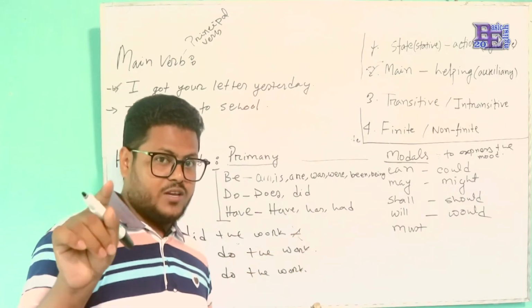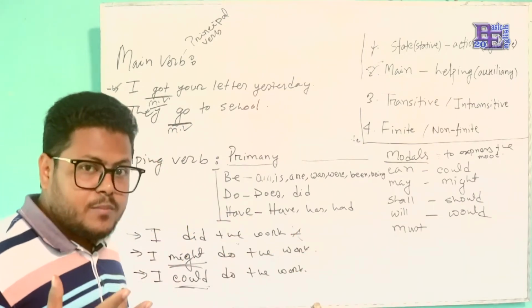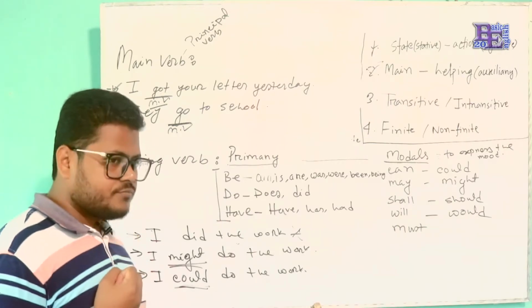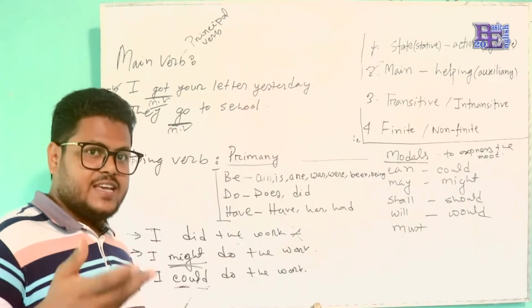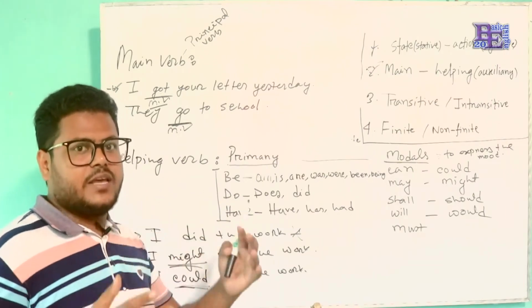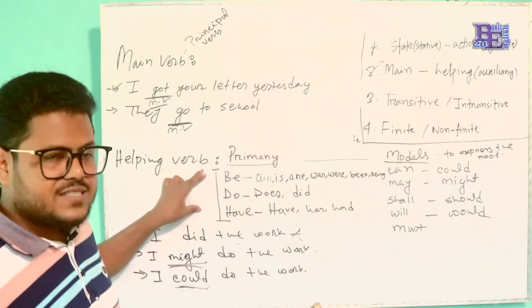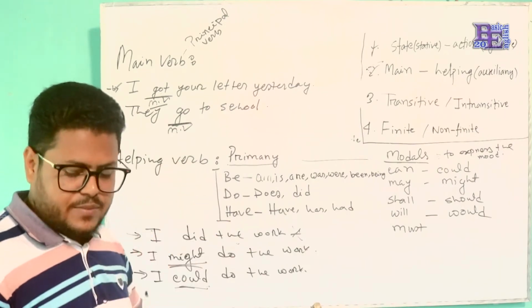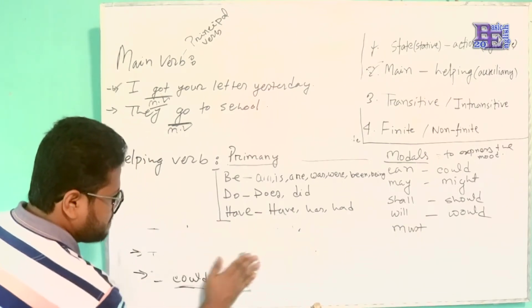One point that I have already told you is that both the helping verb and main verb can be used in the same sentence. In most cases we use them in combination, and another thing I have already told you is that they can be used as the main verb also. Let's get some examples.